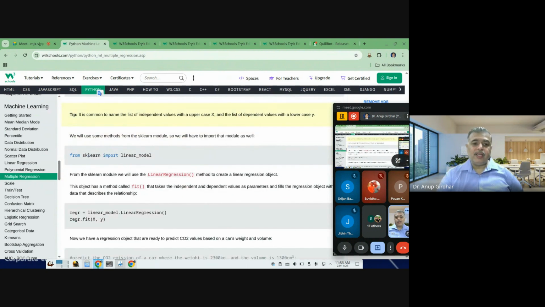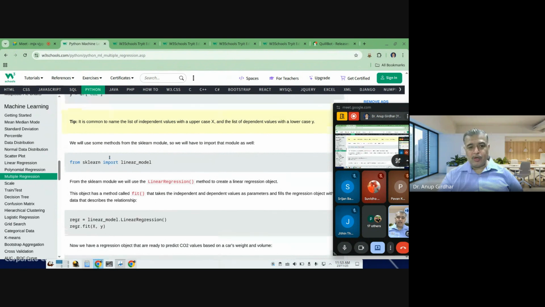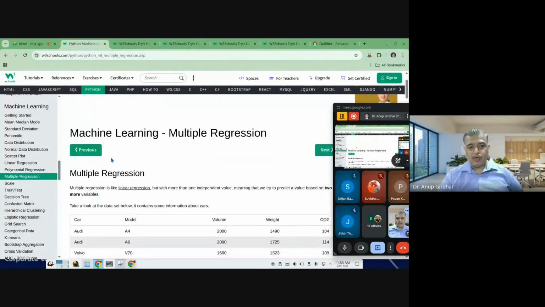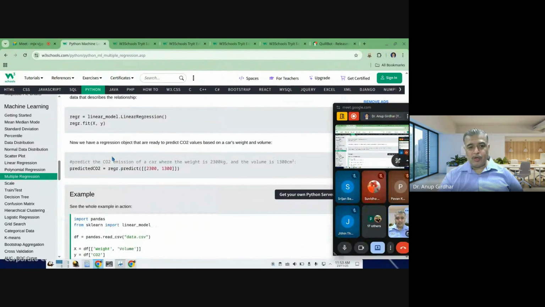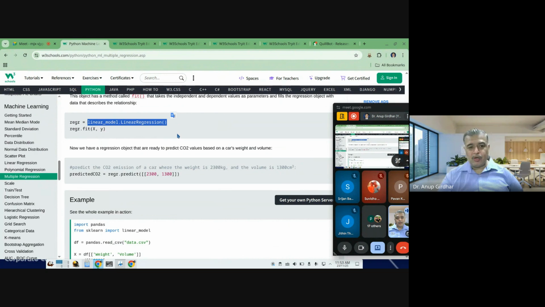Now we are going to import a linear model from sklearn. Earlier we did it from scipy, right? There we had the linregress method. Now we are supposed to do a proper linear regression model from sklearn.